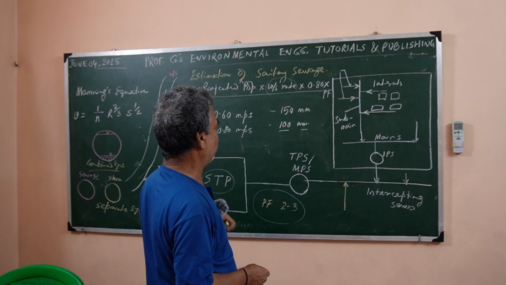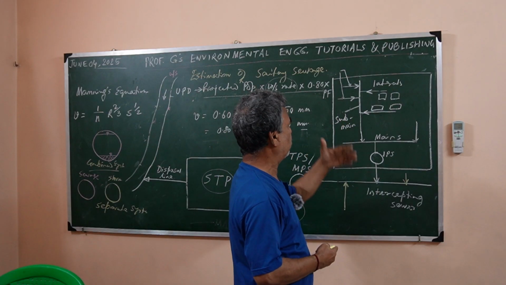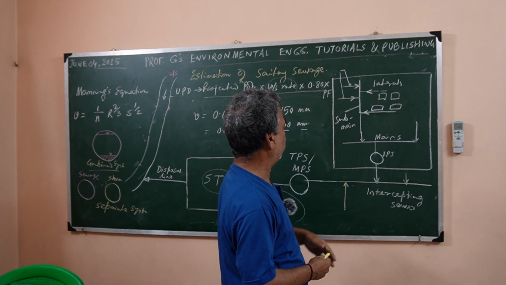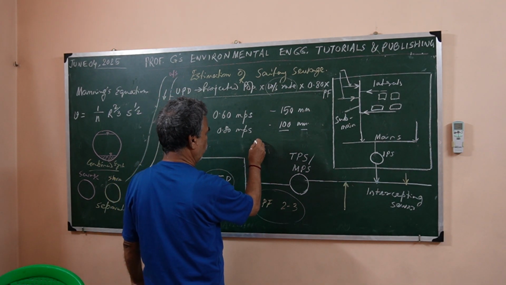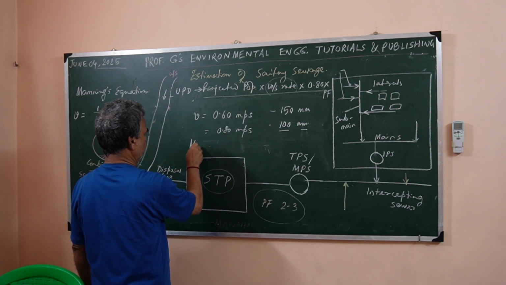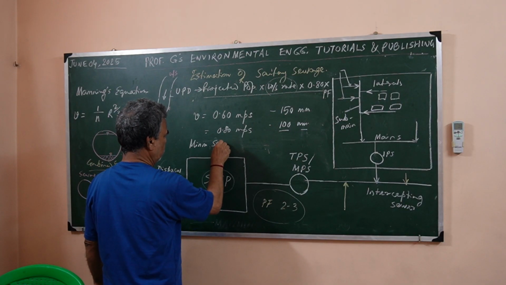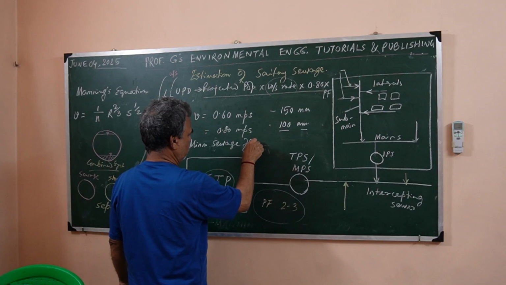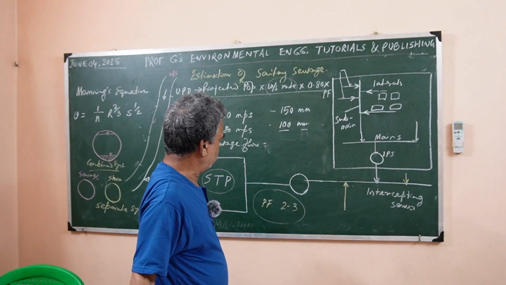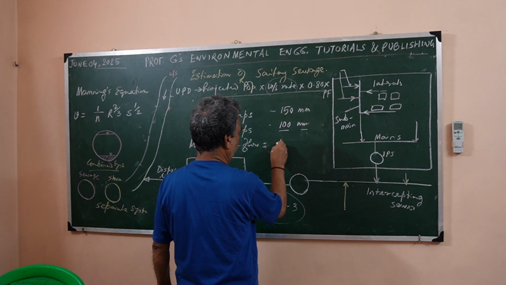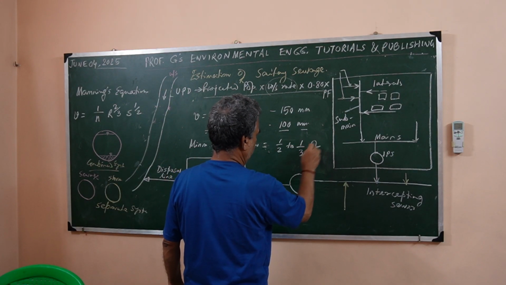During peak discharge, flushing will be required to prevent or flush out the deposition. Normally the minimum sewage flow is taken as one half to one third of the average flow.